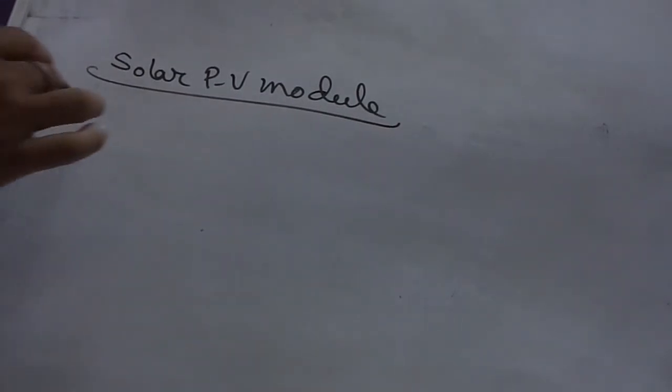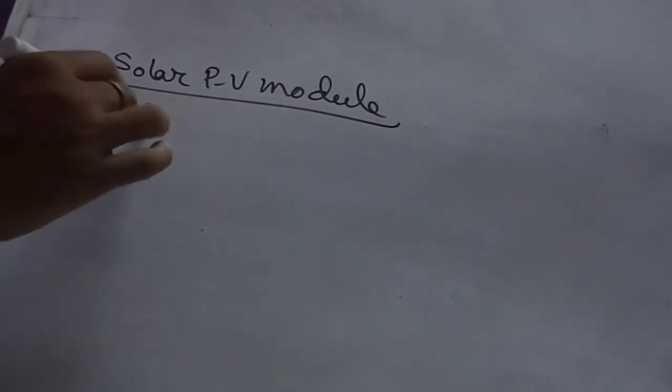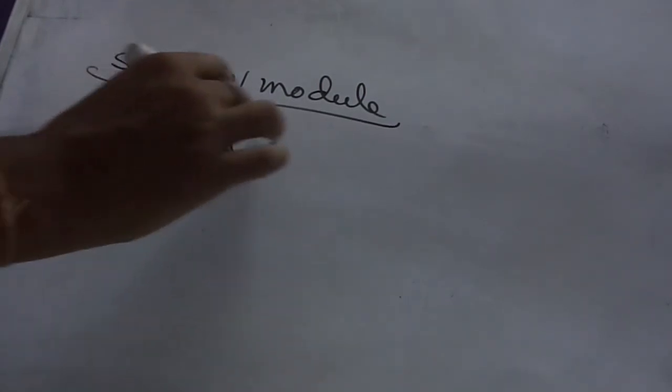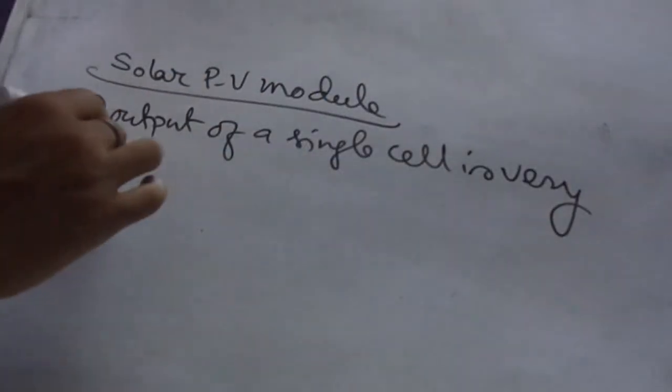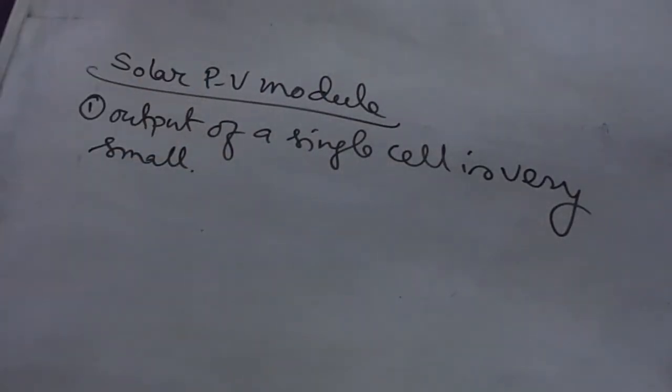It is because the output of a single cell is very small.